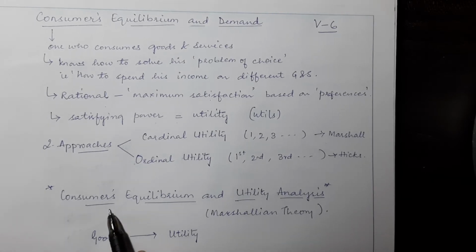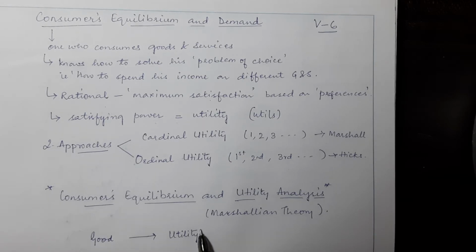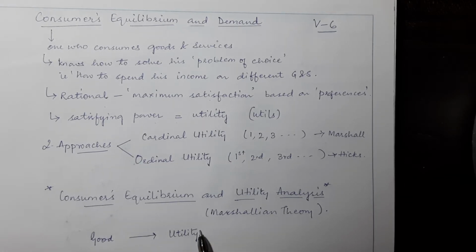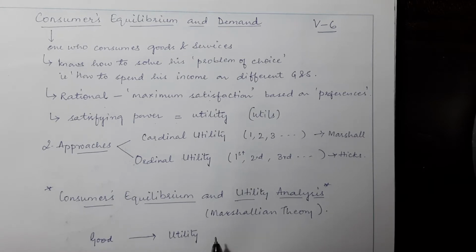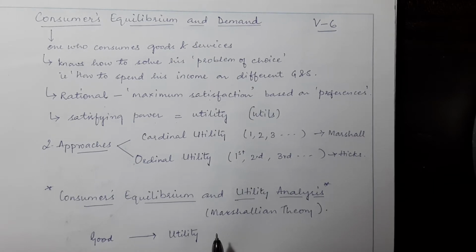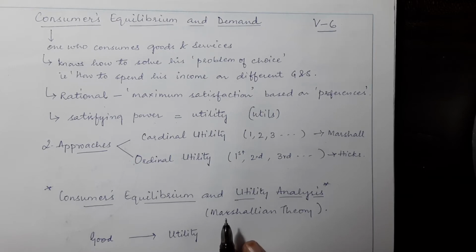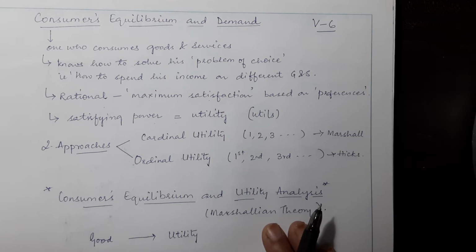Now a consumer consumes goods which give him utility. That means which give him satisfaction. How many goods does he consume? Or how many units of a good does he consume? And what is the satisfaction or utility he gains on consumption of goods and services, and how they are measured is what we will see here.